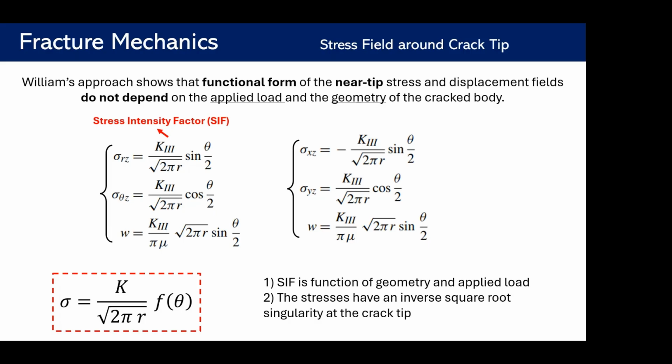As we can see, we have a function of r and a function of theta, which shows the variation of stress as a function of r and theta. The functional form, for example for third mode, is always the same. I mean, the form is a constant K times a function of theta, which is the directional variation of the stress.